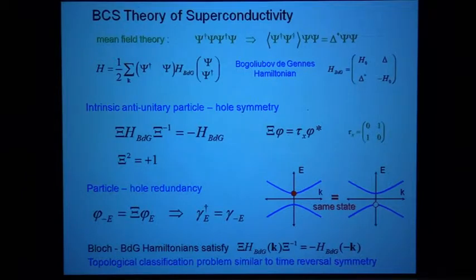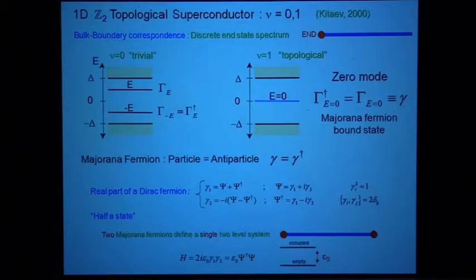Remember, when we imposed time reversal symmetry, we got some extra topological structure, which was different than what we had when we didn't have time reversal symmetry. So now we have to think about what happens if we impose this intrinsic particle hole symmetry. Can that give us any different topological classes? Okay, and the answer, of course, is yes.